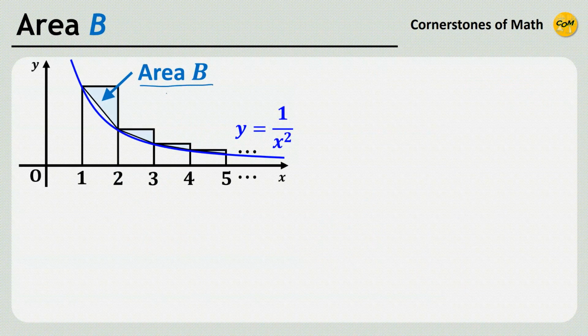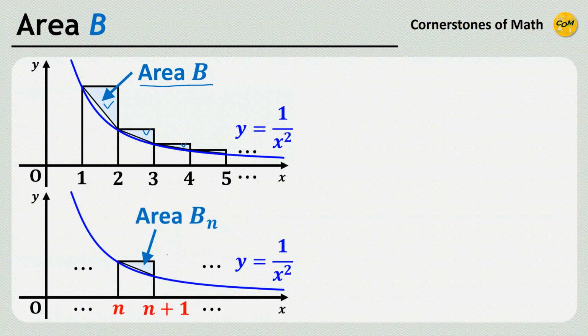Next, area B, the combined areas of triangles. Here, let us consider just one triangle located at the generalized interval between n and n plus 1. Let us call this area Bn. Then the base length of the triangle is 1, and since this length is 1 over n squared, and this length is 1 over (n plus 1) squared, the height of the triangle is 1 over n squared minus 1 over (n plus 1) squared.